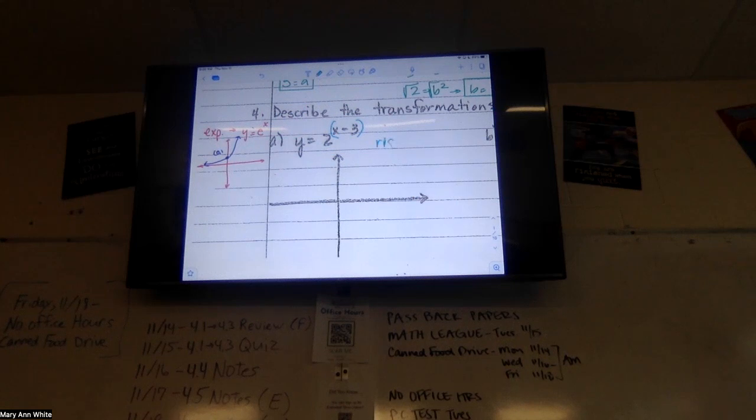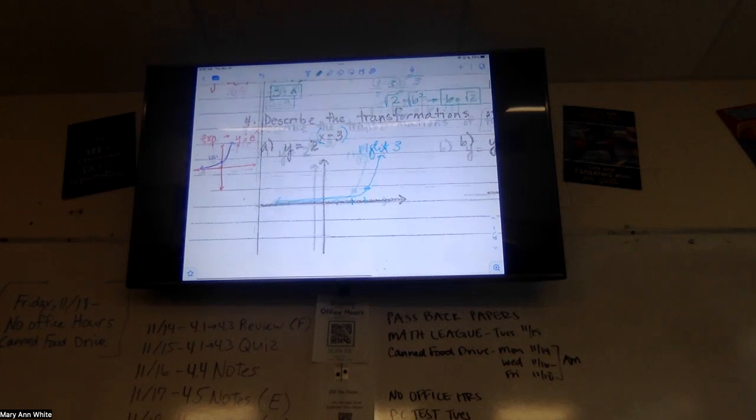Since it's being added or subtracted, it moves left and right, and it's opposite of what we think, so it's moved to the right 3. So it'll be about here. It's going to be a little bit flat, a little bit longer, and then it's going to exponentially increase up. Again, I'm just sketching it, nothing super exact.